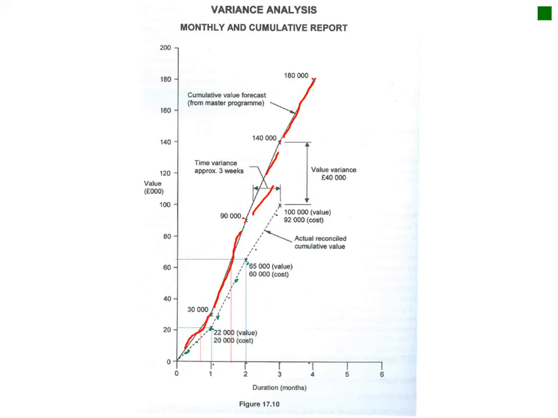According to month 1 you had an expenditure of 22,000, in month 2 you had an actual value of 65,000, and in month 3 you had an actual value of 100,000.